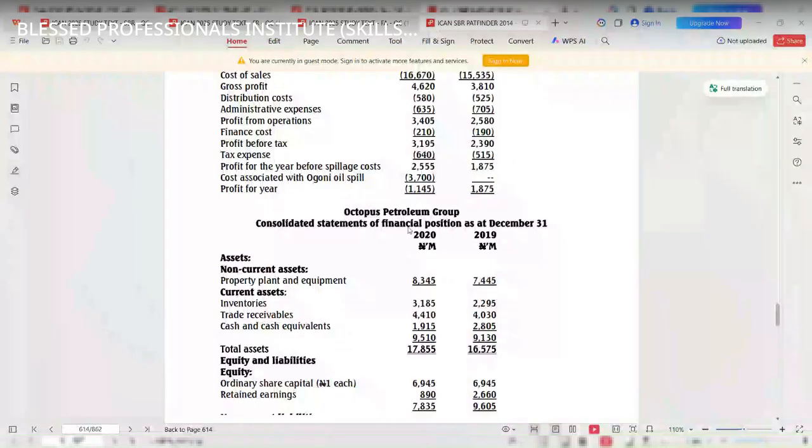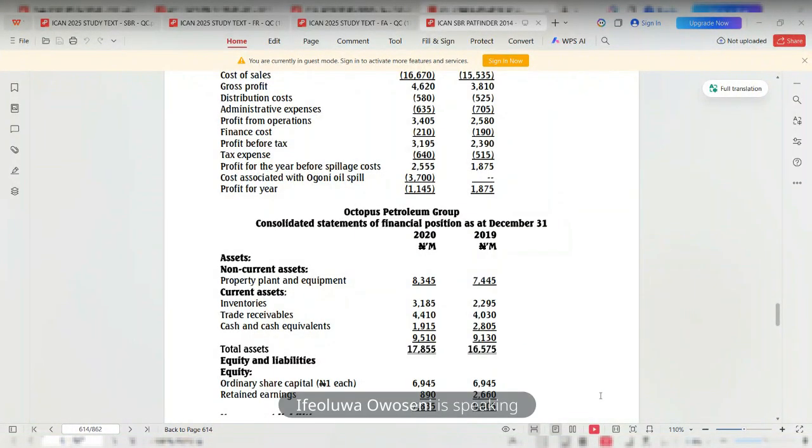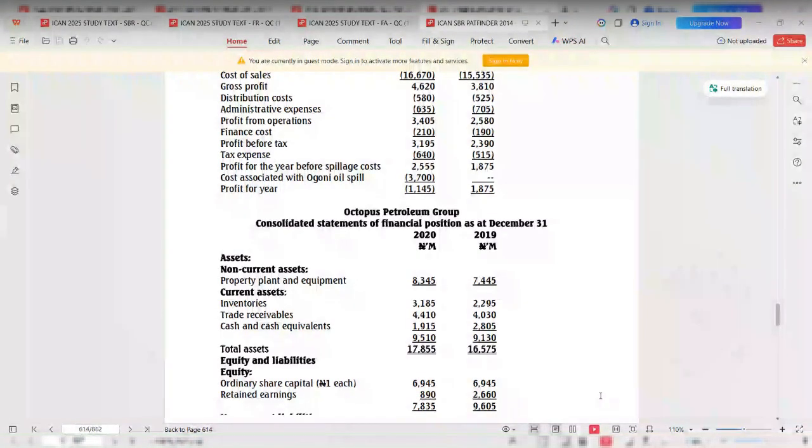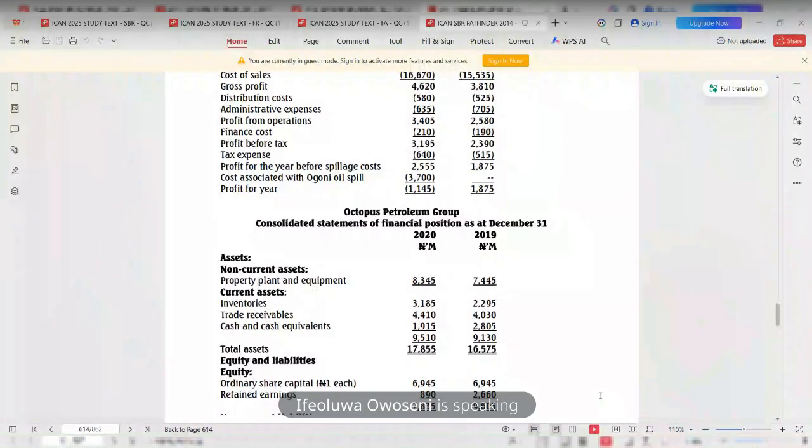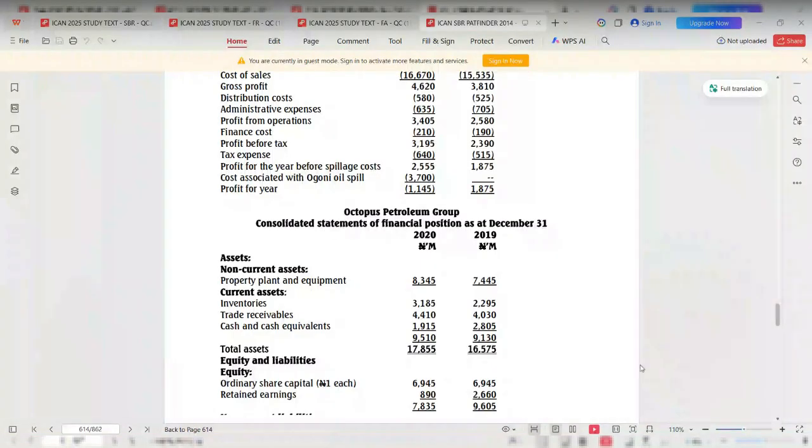For 2019, I got 21%. 21.5%. That's 22%. Okay, 2020, 34%.